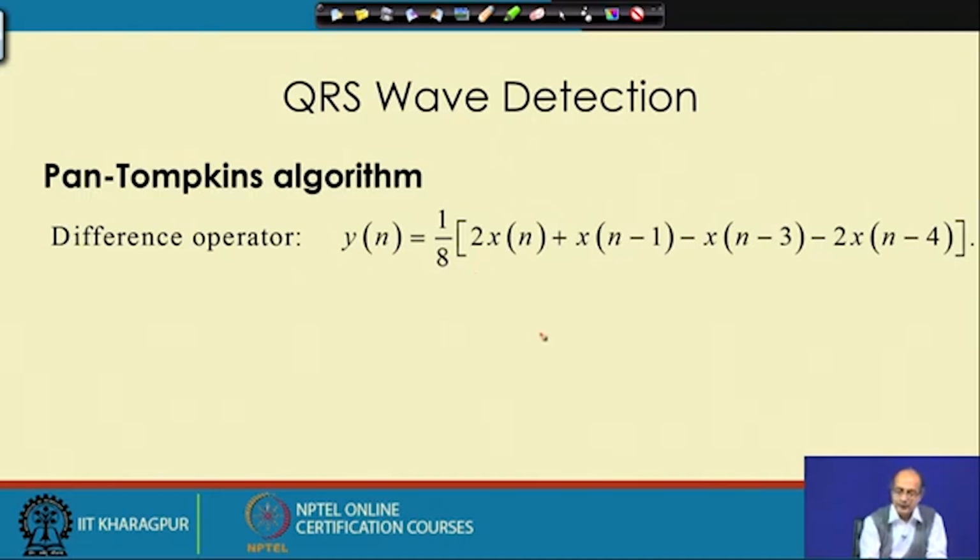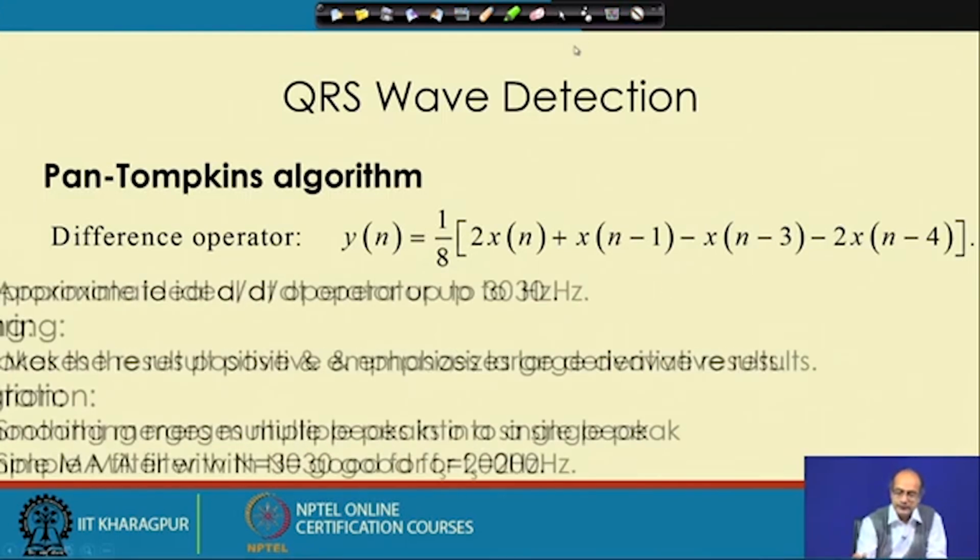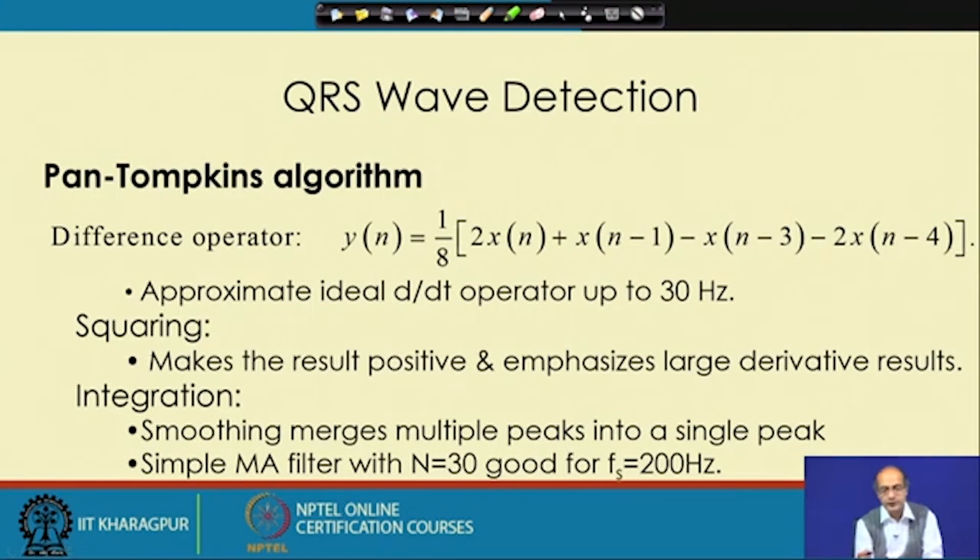And again you note that this is an integer filter, because the coefficients are integers and the divisions are also powers of 2. So, again multiplication can be replaced by shift operations here, and after the differentiator there will be the squaring.